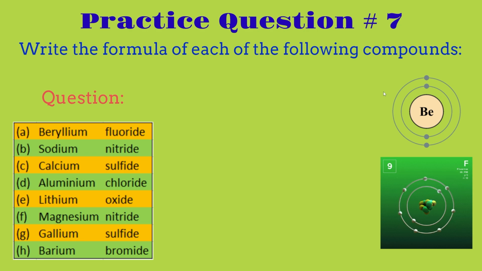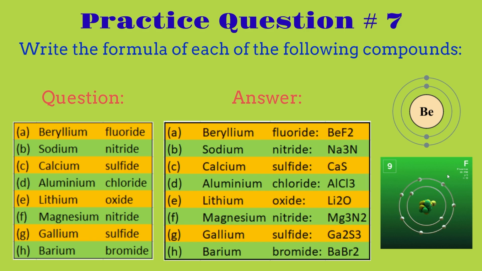With 2 fluorine atoms, each fluorine can receive 1 from beryllium. Beryllium gives 1 to one fluorine atom and 1 to the other. So the formula is Be for beryllium and F2 for the two fluorines, BeF2. If we look at the answer, beryllium fluoride is BeF2.